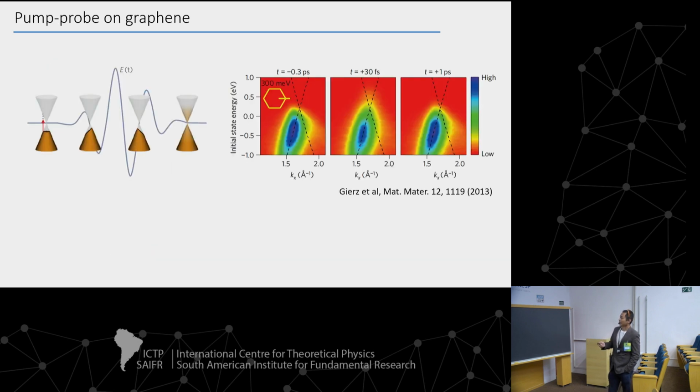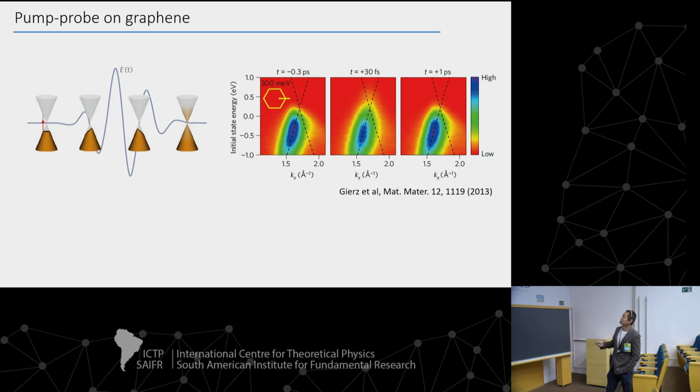Let me mention that this kind of experiment has actually already been done. This is the Gierz et al. experiment that was done on graphene. What they did is they shine a pulse of light on graphene, and this is before the pulse, this is during the pulse, and this is after the pulse.